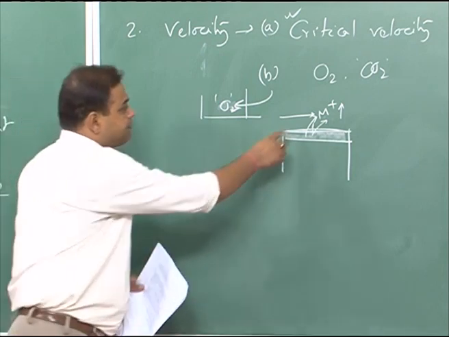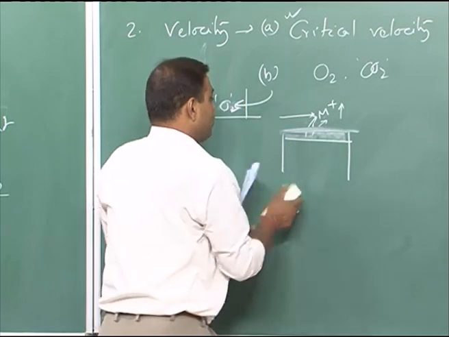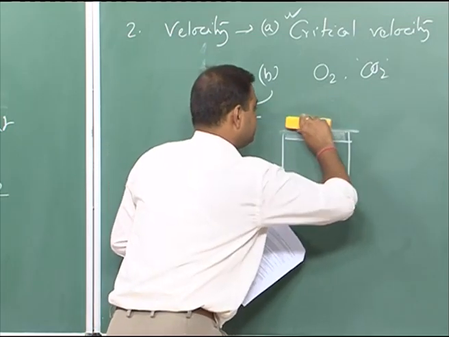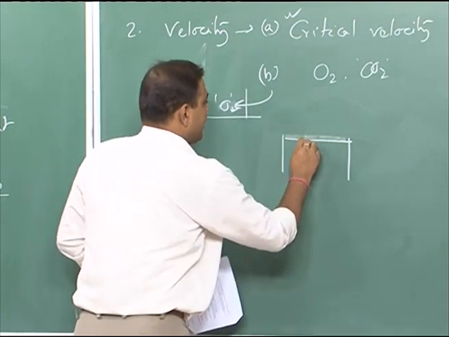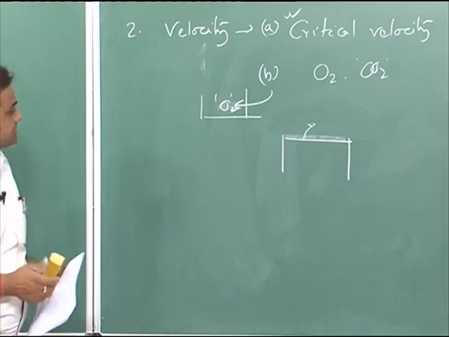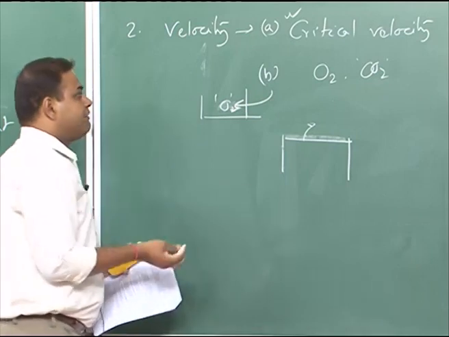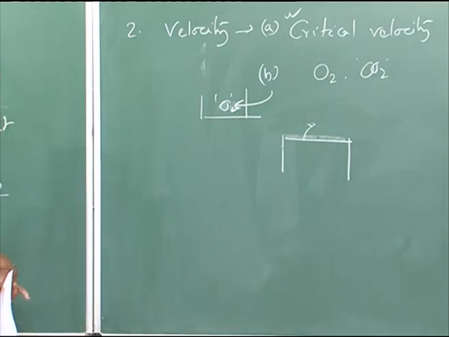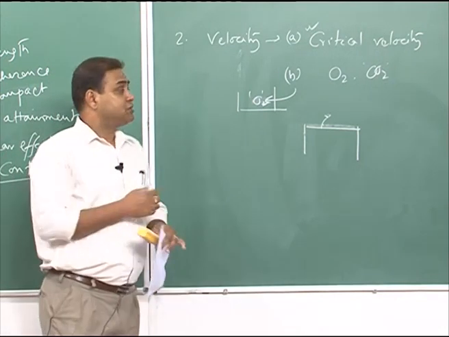Once this happens, the passive layer thickness gradually goes down, and then you have more and more metal dissolution. So this is the second effect, because of which we have enhanced corrosion rate due to increase in velocity. But velocity sometimes decreases the corrosion rate.